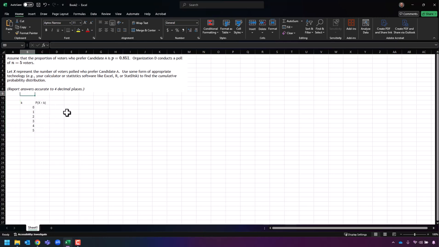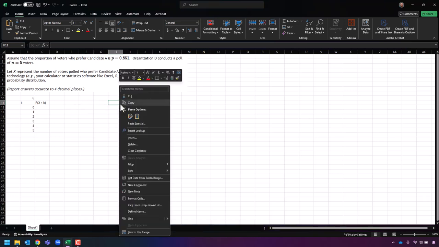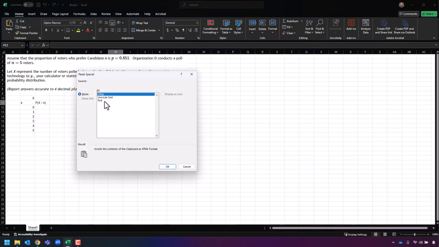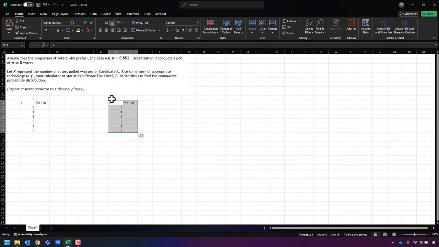So first of all, I'm going to say question 6 here, and then let me paste special again, give myself a little bit of room for question 7. So I believe there's a slight difference here, and it's x less than or equal to k, and then I guess this one would be x equals k here, and so I've got k.